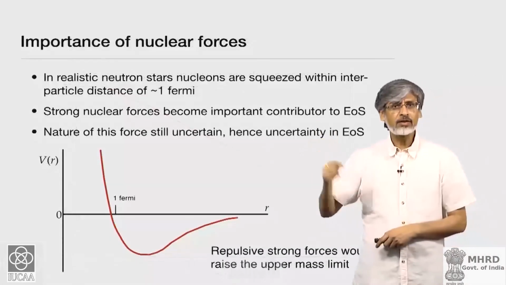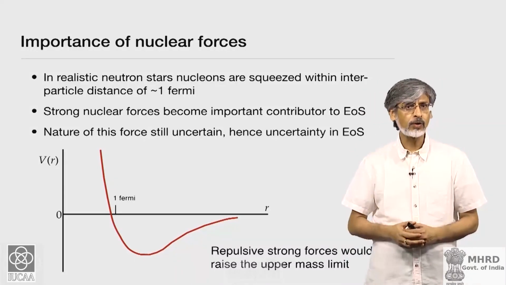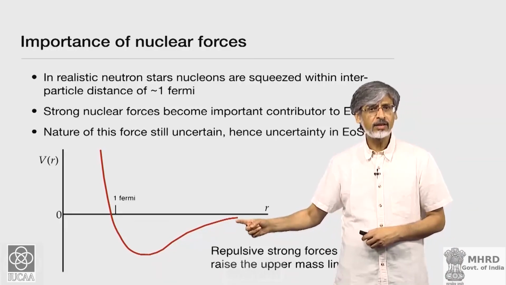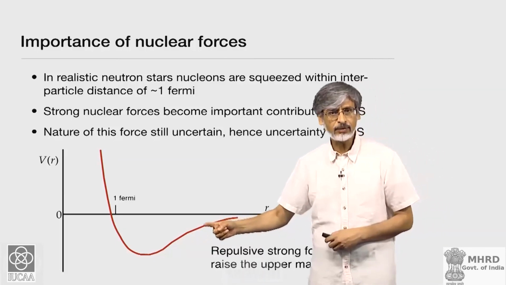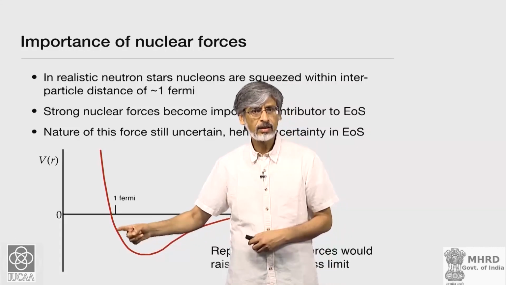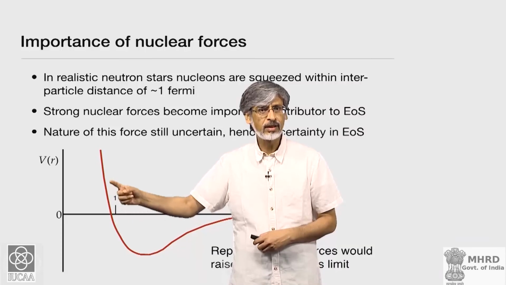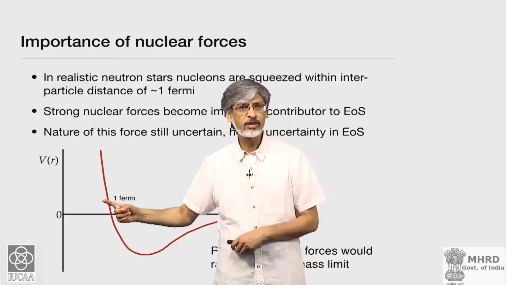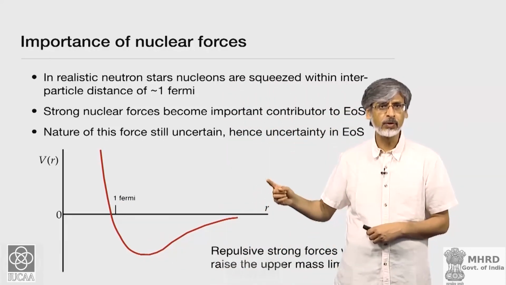So, in realistic neutron stars then, nucleons are squeezed within an interparticle distance of about 1 Fermi, and if you look at the internucleon forces, they are attractive at slightly longer distances, and when you come very, very close, below 1 Fermi, the interaction becomes repulsive, and this repulsive interaction then provides a sustaining force against gravity.